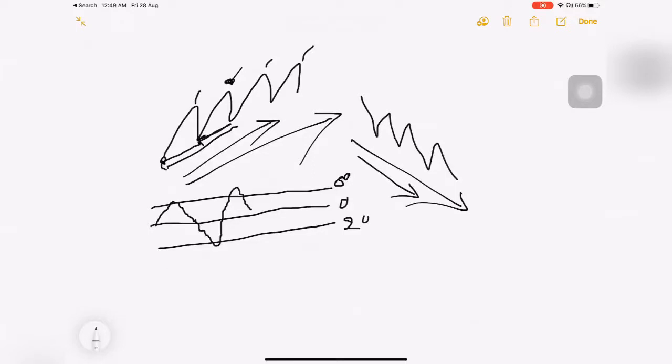Now, when the market goes up and the RSI crosses the 80 line, this is called overbought. When it crosses the 20 line, it is called oversold.